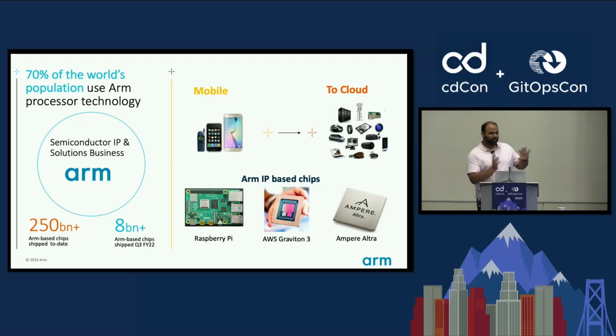I promise I won't go into much detail on what the instruction sets are, but just to give some context, because you can't run an application which is running on x86 or, let's say, on your mobile phone directly on an ARM-based platform, but there are caveats to that, which we'll talk about later. So just to help set the context, the architecture is different from a traditional x86 or AMD64 architecture.